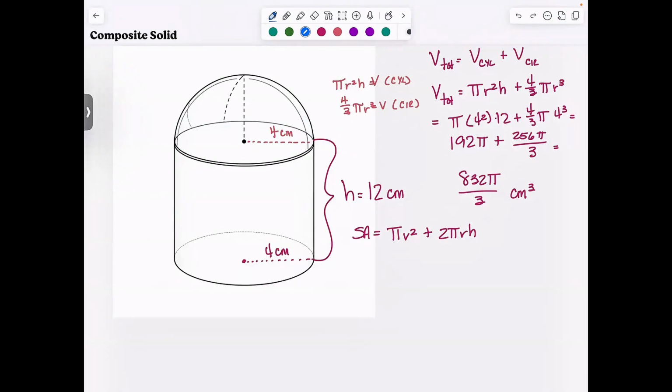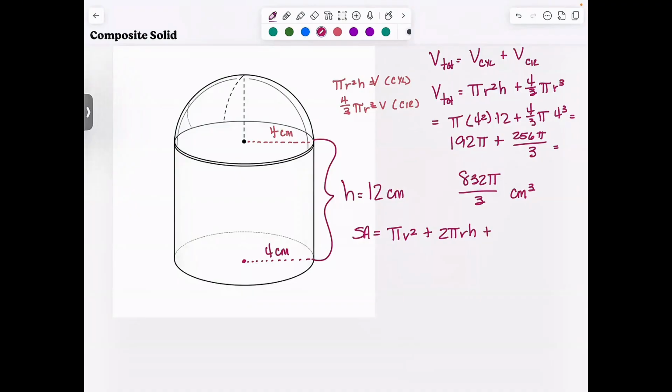Back that up. For the surface area of this particular solid, I just want to reiterate that we're taking the base of the cylinder, which is pi r squared, and then the lateral surface area of the cylinder, which is 2 pi r h, and then we'll include half of our semicircular dome.